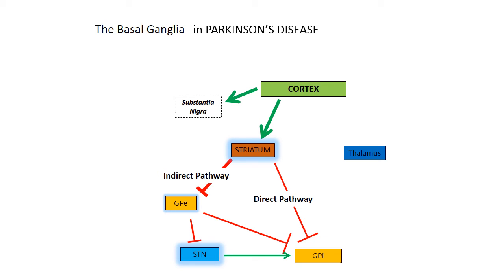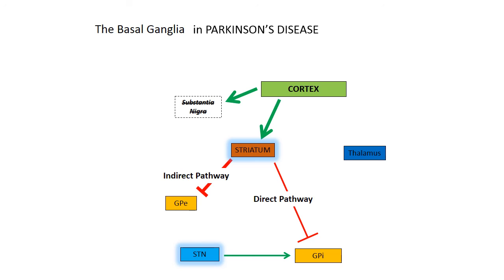By contrast, the indirect pathway has lost an inhibitory input and is now more active. So, in the indirect pathway now, on the external globus pallidus, we have more inhibition, so this structure is now essentially off. Because of that, we have no inhibition of the subthalamic nucleus of the internal globus pallidus.